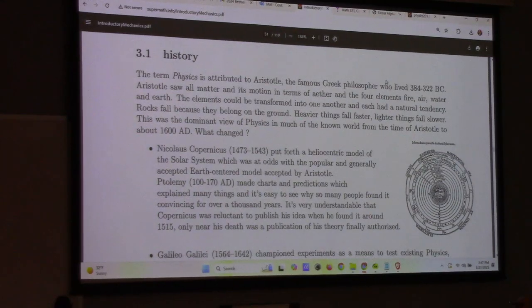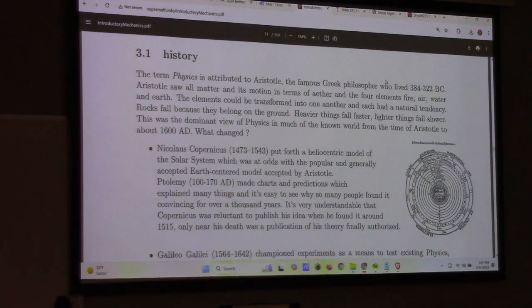That was at odds with the popular and generally accepted Earth-centered model, which was accepted by Aristotle and Ptolemy, 100 to 170 AD. He took Aristotle's basic idea that it was Earth-centered and gave some further details to that. He made charts and predictions, which actually explained quite a few things.